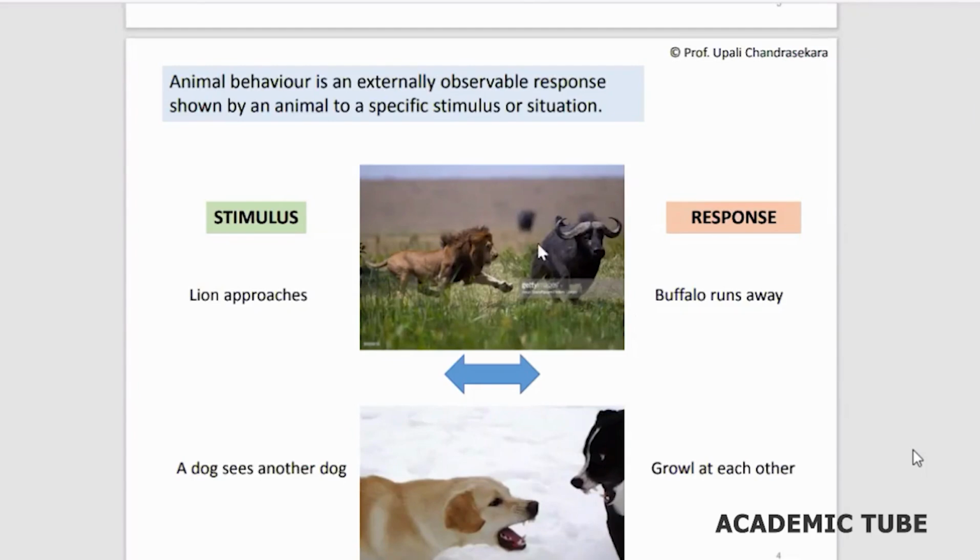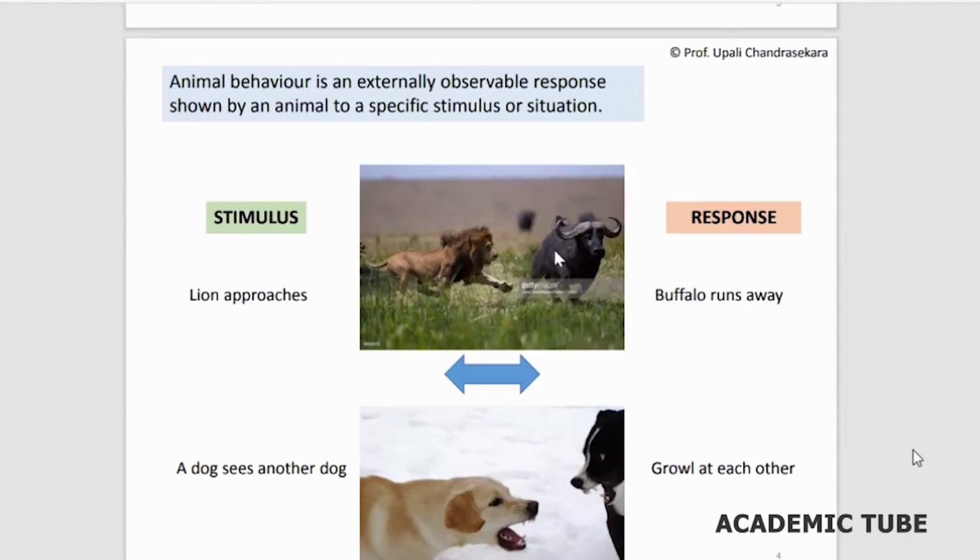What you see is a buffalo running away and the lion is advancing towards the buffalo. So for the buffalo to run away, the stimulus is the lion. So the buffalo's behavior is running away. That is its response. Now, on the other hand, the buffalo can be the stimulus to the lion, right?